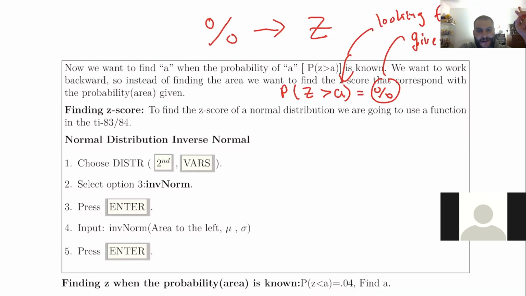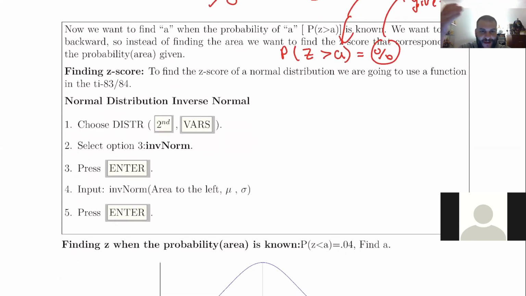All right, so let me go ahead and show you how we're going to do this in the calculator. So I have the steps right there. The first step, you're going to hit second bars. Once you hit second bars, you're going to look for a function that says inverse norm. It's not actually going to say that, it says INV, which is inverse, and then it says norm, which is normal distribution.